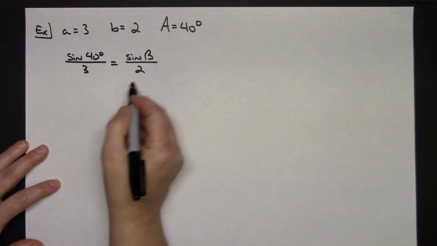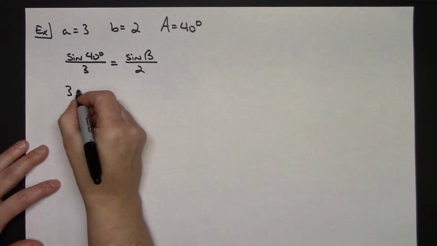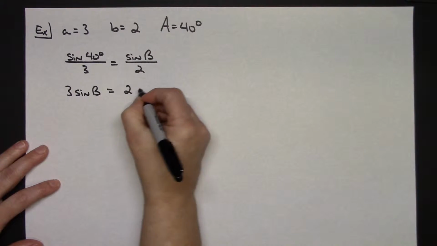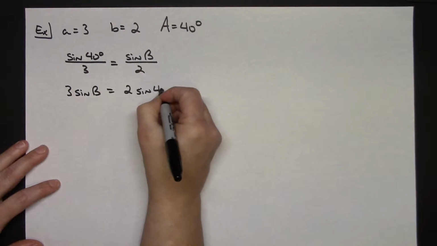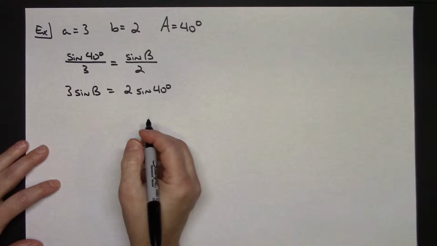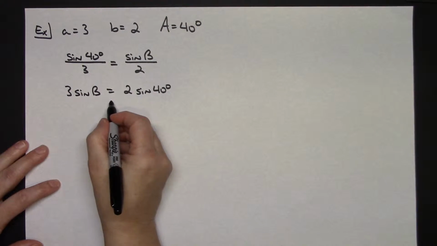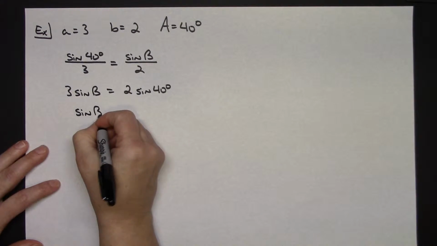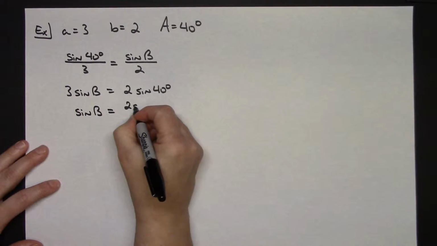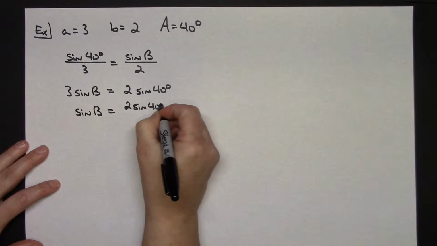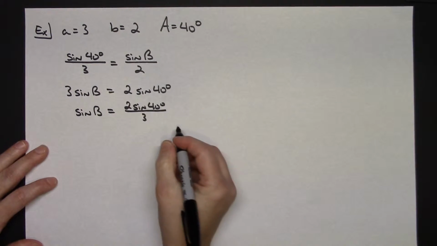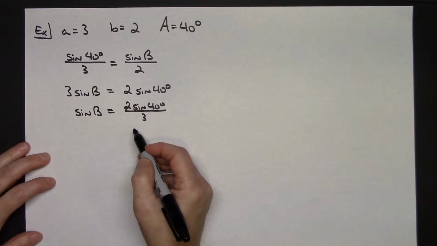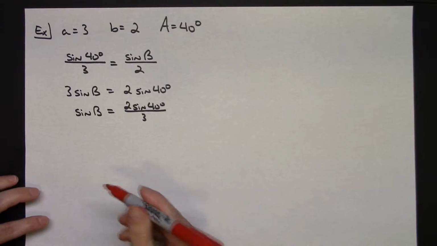Going to cross multiply down. 3 times the sine of B is going to be equal to 2 sine of 40 degrees. Again, I'm not going to grab my calculator just quite yet. I'm going to go ahead and divide both sides by 3. Sine of B is equal to 2 sine 40 degrees over 3. Again, this is one of those where I'm trying to find my angle, so I'm going to use that inverse button on the calculator.